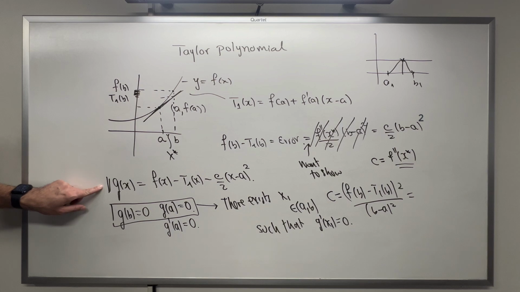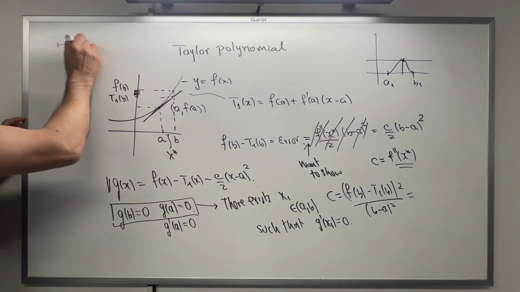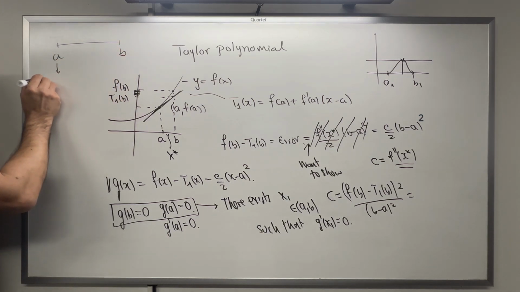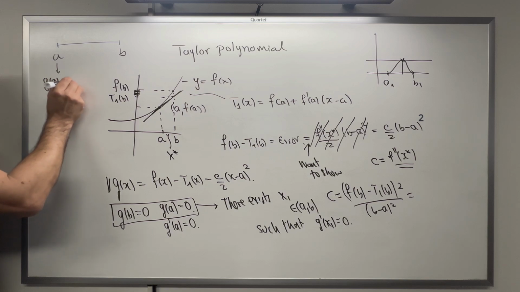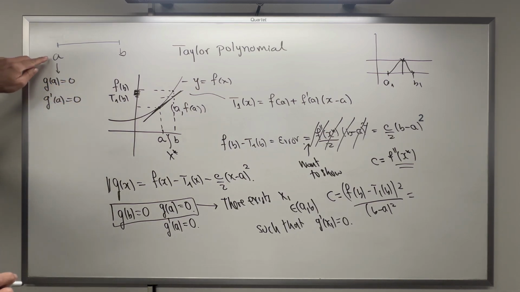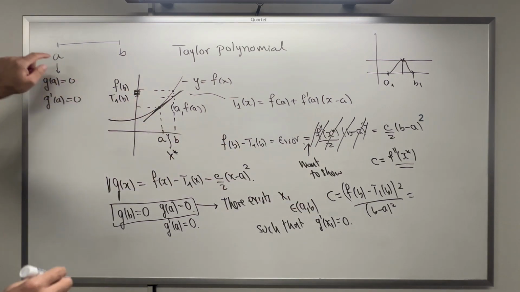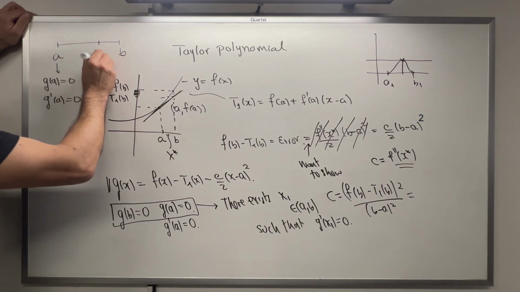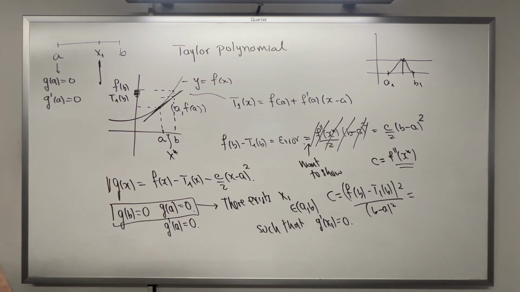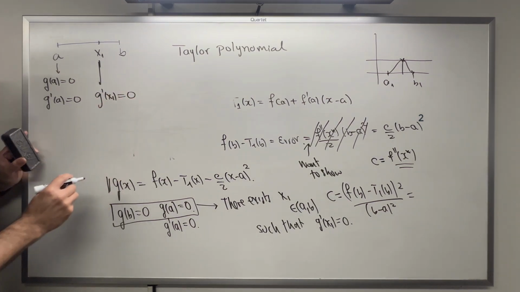Let's try to make this bigger. Here we have a, here we have b. We know that at this point g of a is 0 and g prime of a is 0. But since g of a is 0 and g of b is 0 by the definition of c, there is a point x1 in between such that at this point g prime of x1 is equal to 0.